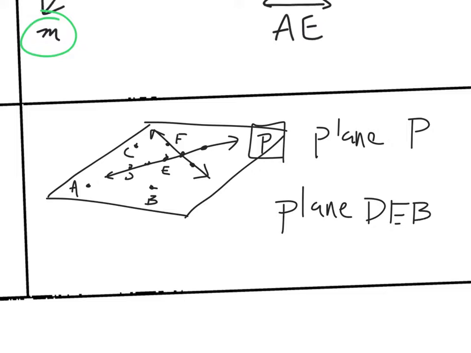You could do A, B, C. Are those on the same line? No. I don't care if 2 are, the thing is 3 cannot be. A, F, D is another way. B, D, E is another way. There's a whole bunch of ways to name this plane.